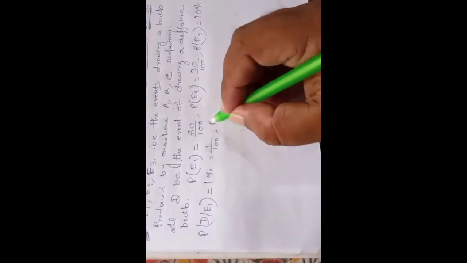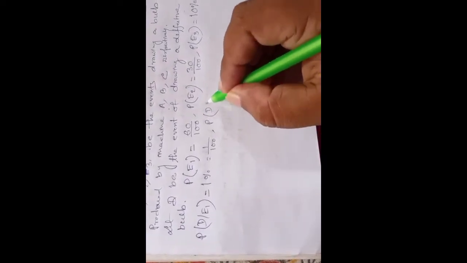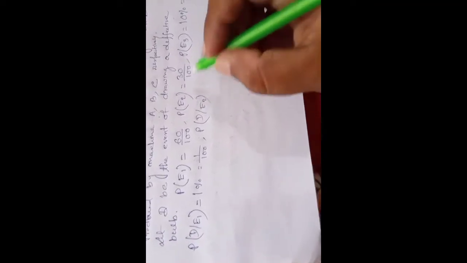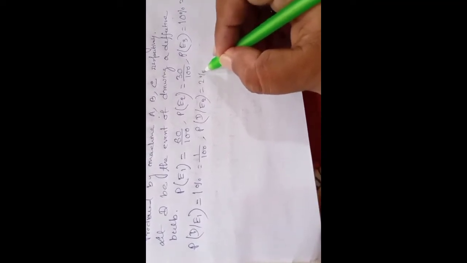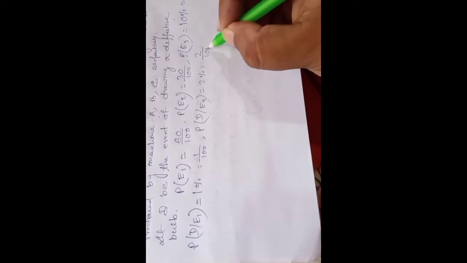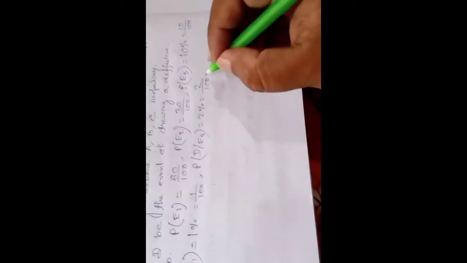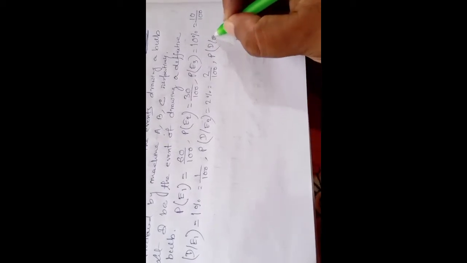P of D by E2 is given as 2%, that is 2 by 100, and P of D by E3 is 3%, that is 3 by 100. Understood?